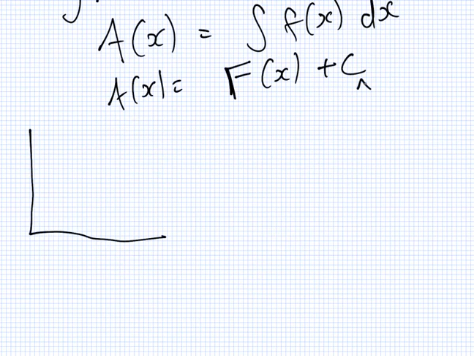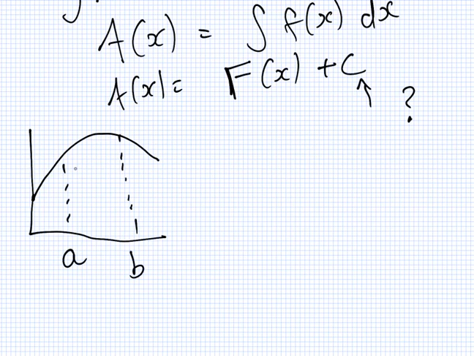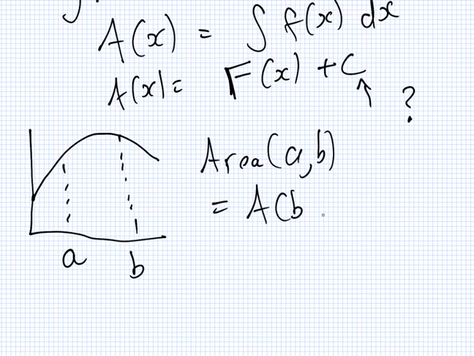I don't know what this c is. It's a problem. But let's see what happens if I want the area between a and b. The area from a to b would be the same thing as the area to b minus the area to a.